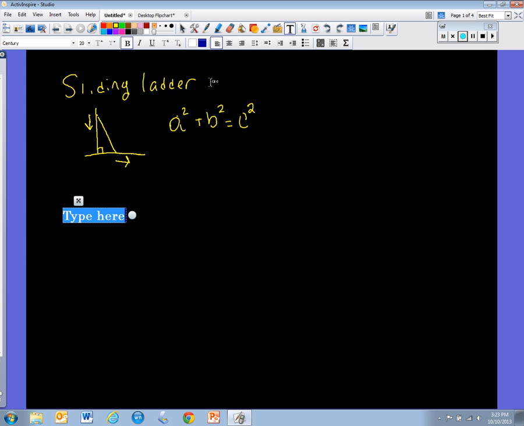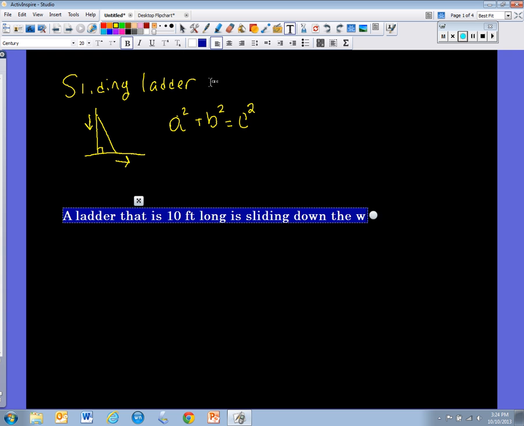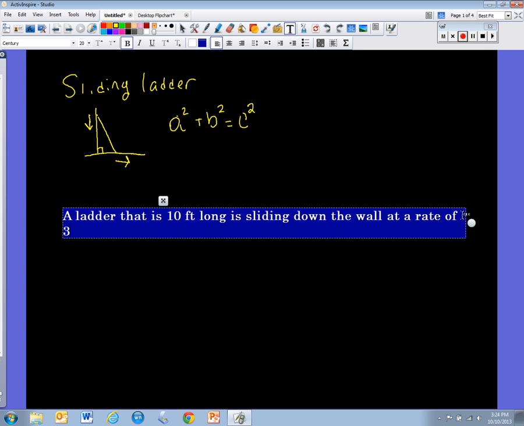Okay, so let's pretend that you're asked to do the following. A ladder that is 10 foot long is sliding down the wall at a rate of 3 feet per second.